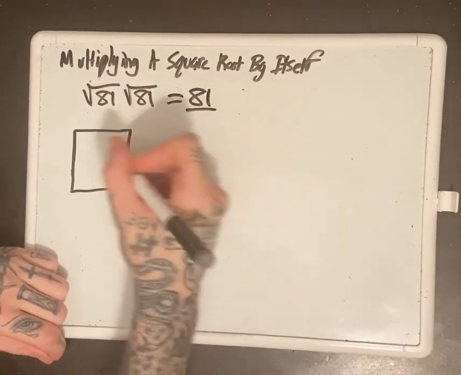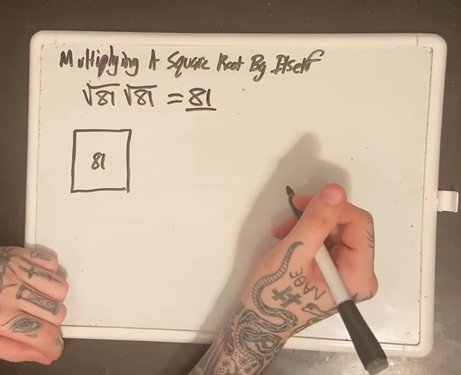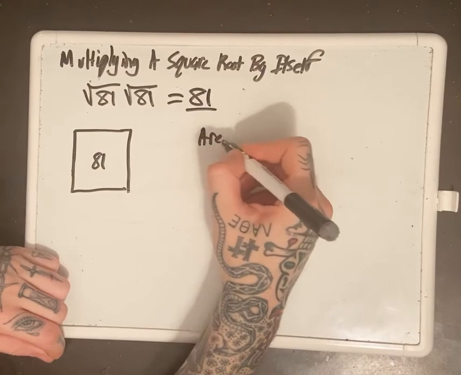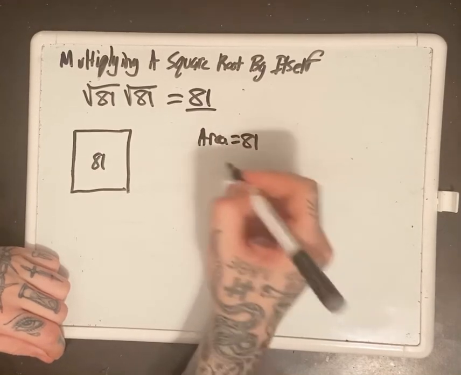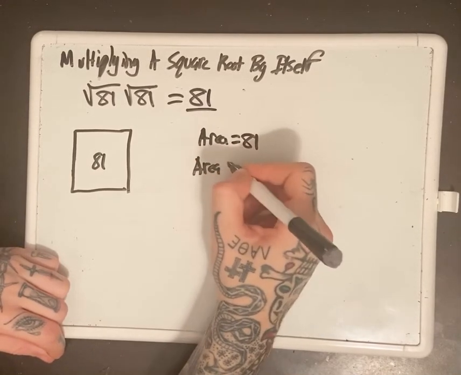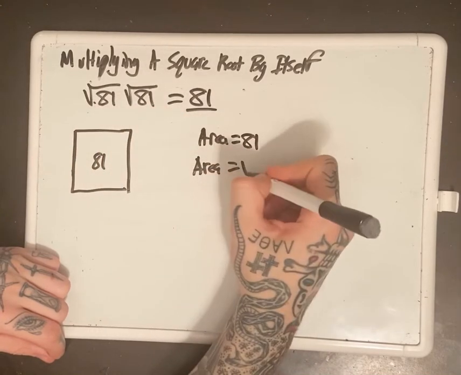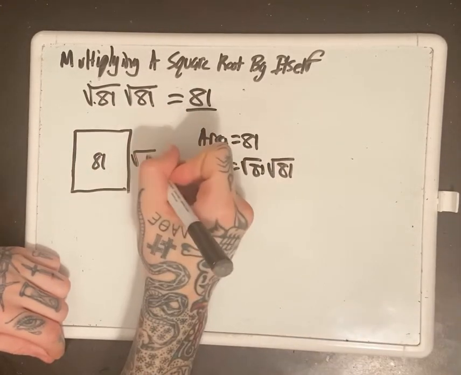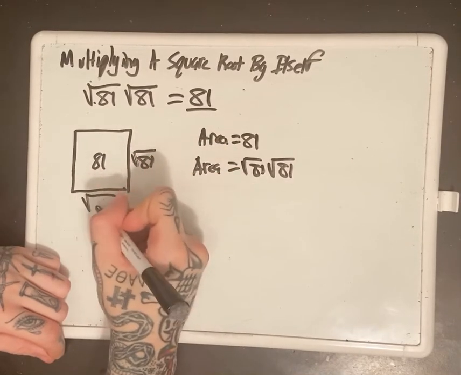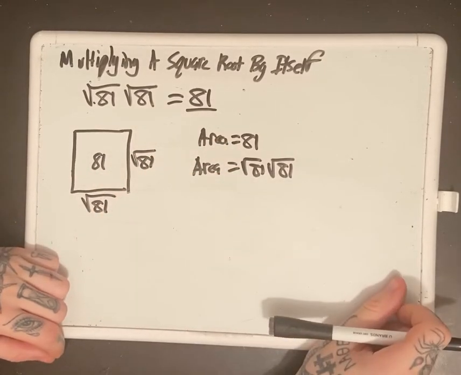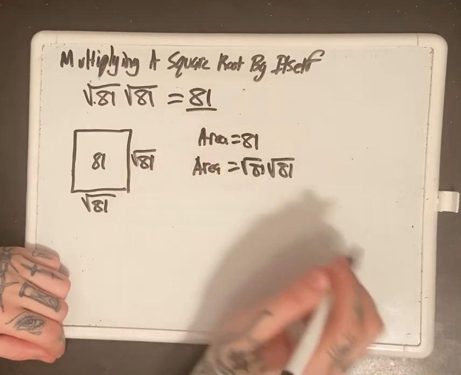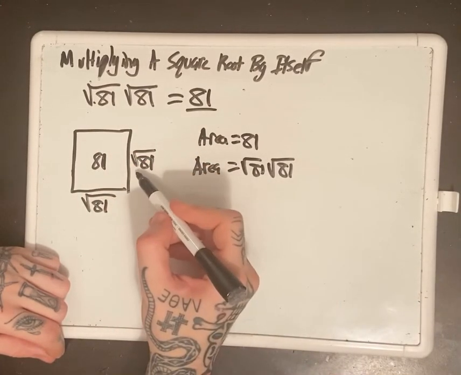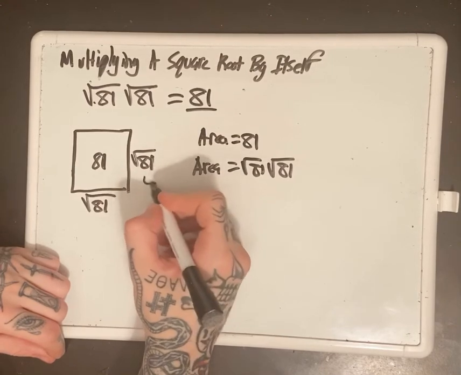If it represents an area, we would say area equals 81. But we could also say the area equals the square root of 81 times the square root of 81. Right? And this seems redundant only because these are perfect squares.